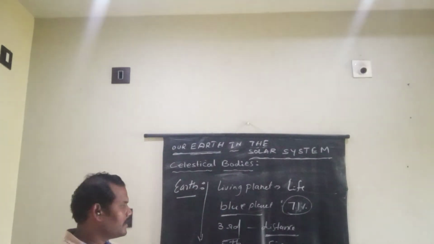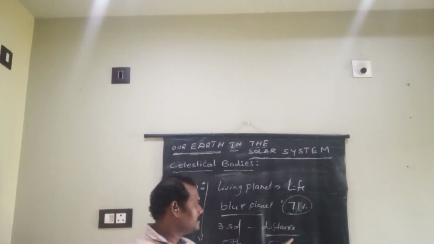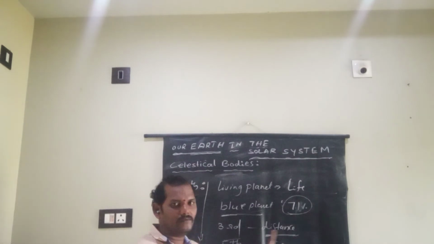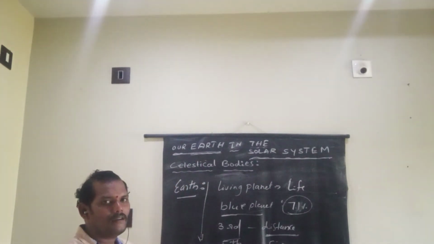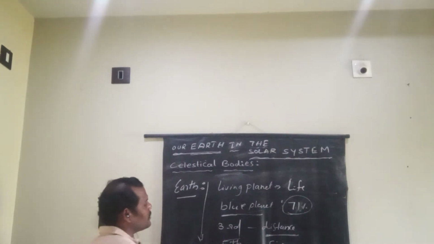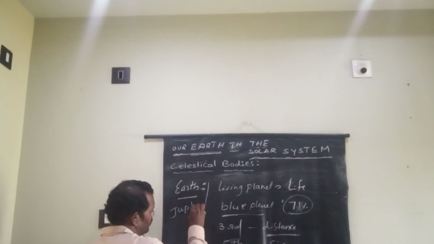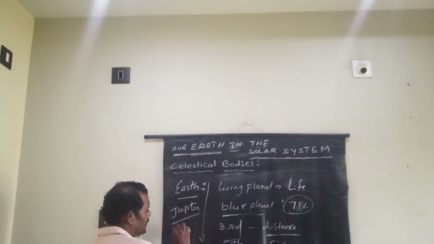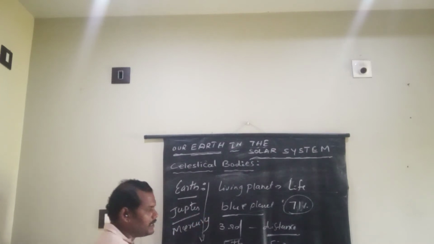Just listen. The earth is third in distance and fifth in size. Which is the biggest planet in the solar system? Jupiter is the biggest planet. And the smallest planet is Mercury.